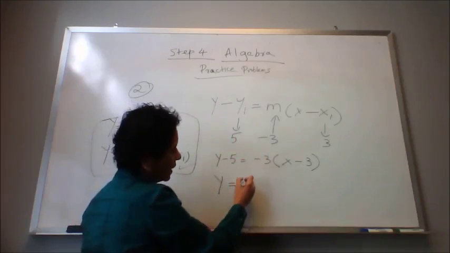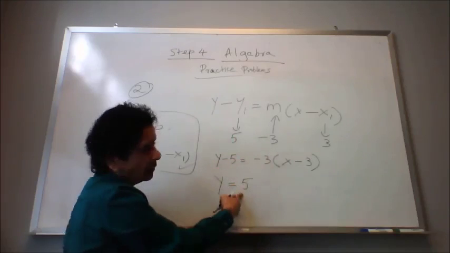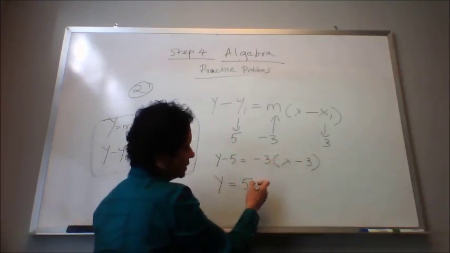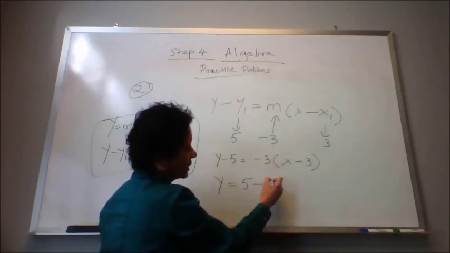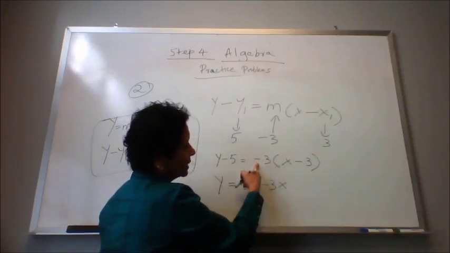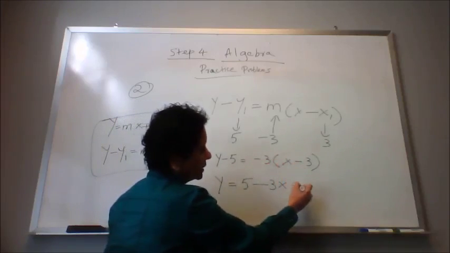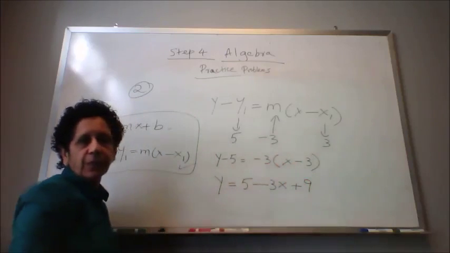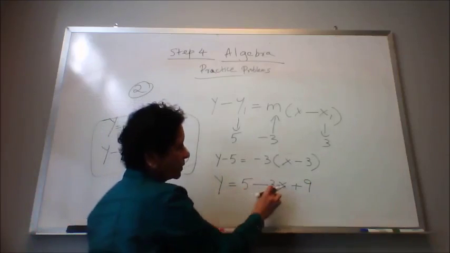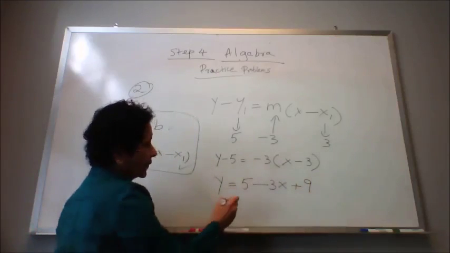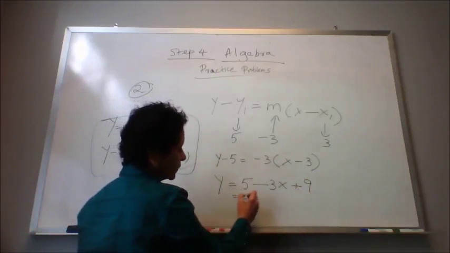So minus 5 becomes 5. Then I still have this. So now I can simplify this. Minus 3 times x is minus 3x. Minus 3 times minus 3 is plus 9. So you just simplify that. So now 5 plus 9 is 14, right?